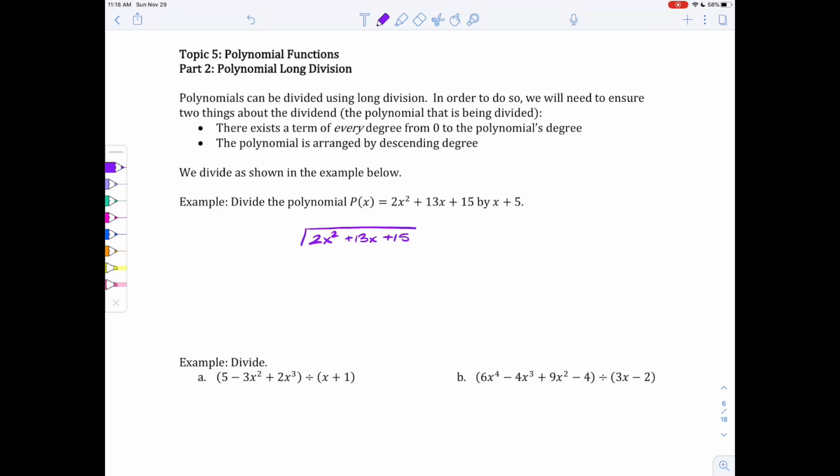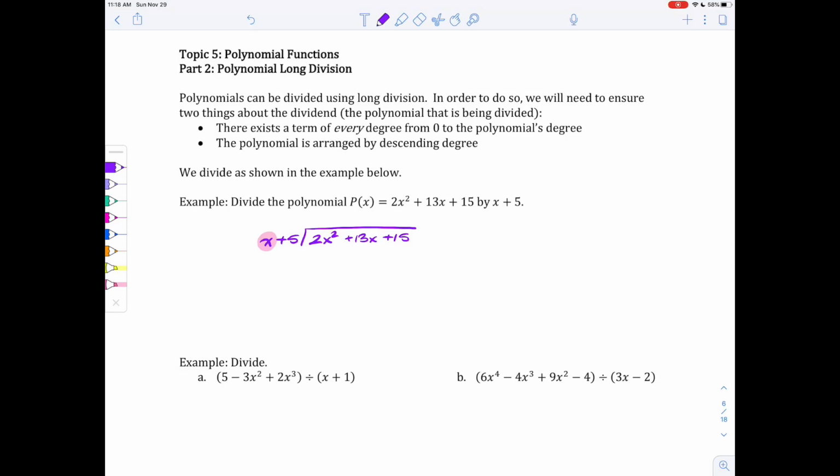With that part under these old division-y bars, and then our divisor out here. Now when we look at what goes into what, we're always looking at the x to see how much it goes into any particular term, and then the 5 will just come into play with multiplication.